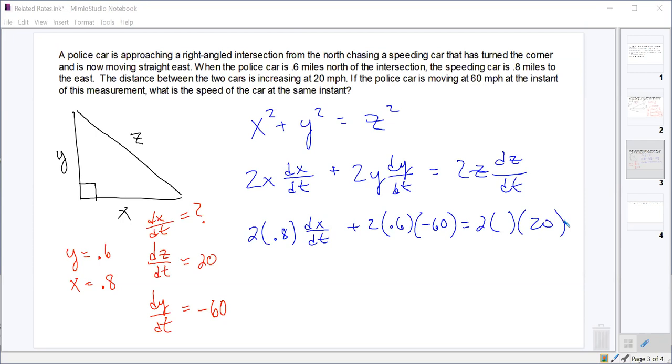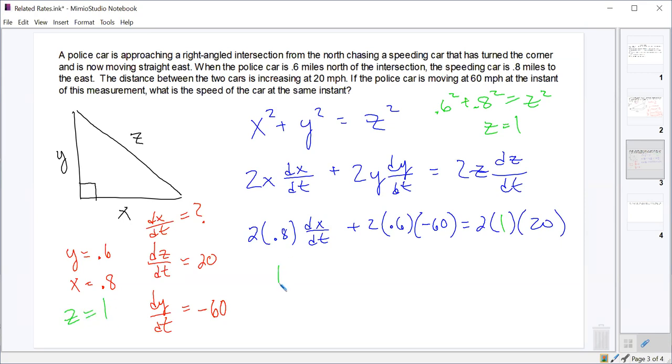Plug in x and y, solve for z. Yeah. 0.6 squared plus 0.8 squared equals z squared. What does z come out to be? 1. So z is 1.